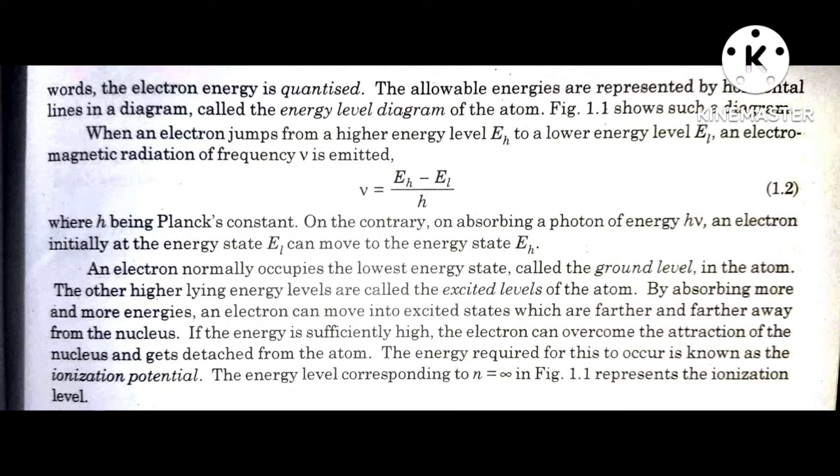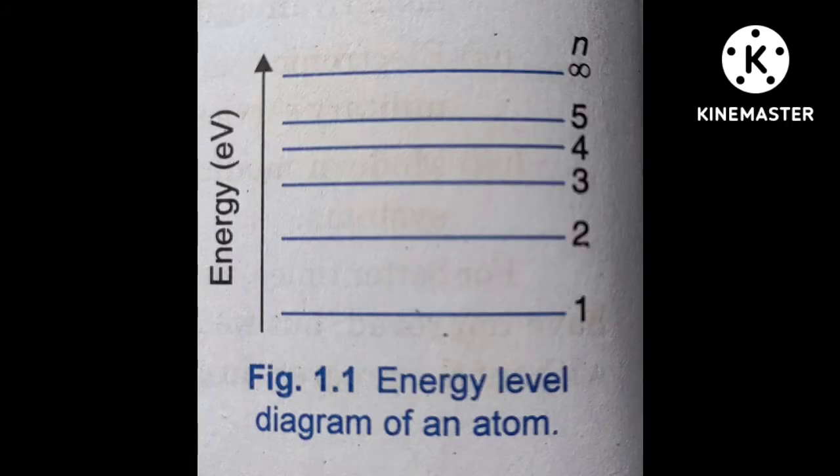If the energy is sufficiently high, the electron can overcome the attraction of the nucleus and get detached from the atom. The energy required for this to occur is known as the ionization potential. The energy level corresponding to n equals infinity in figure 1.1 represents the ionization level.